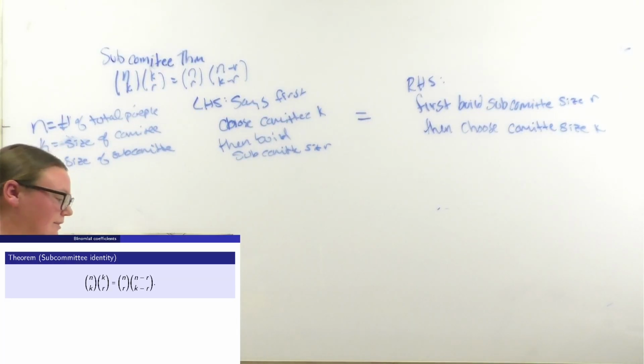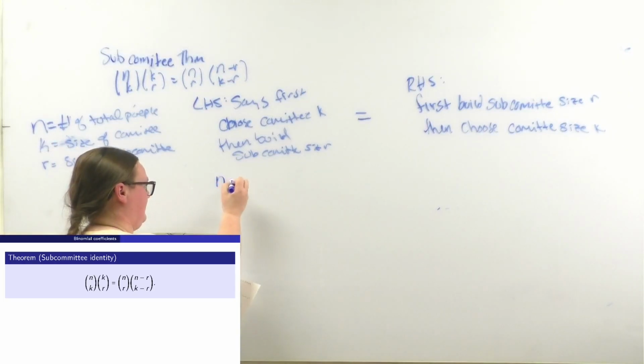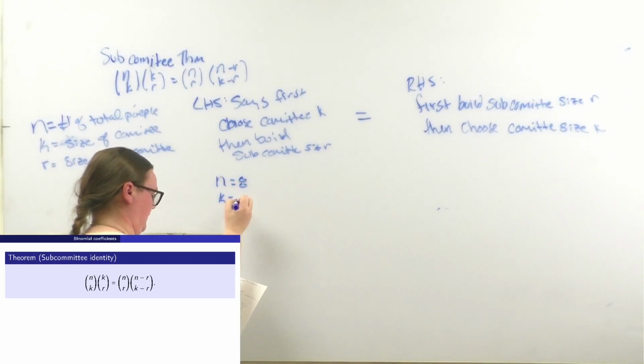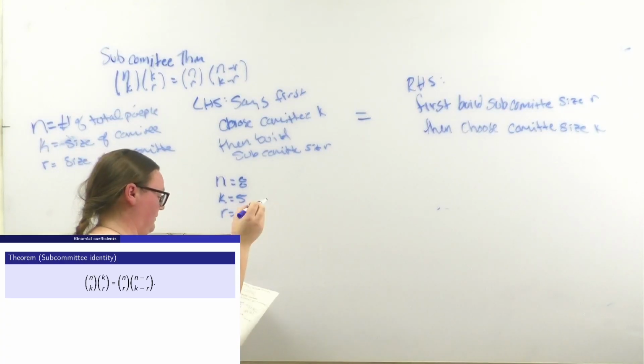I want to do a fun example for this. So let's let n equal 8 and k can equal 5 and r can equal 3. I gave it away.